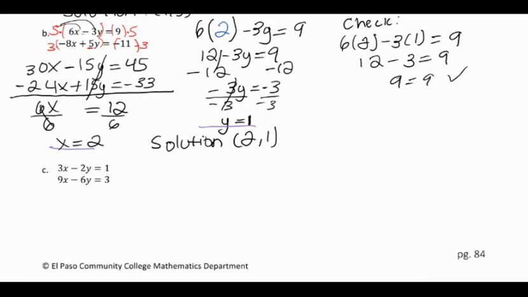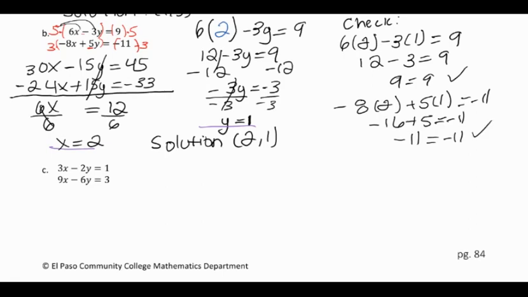Yes. We check on the second one. So we have negative 8 times 2 plus 5 times 1 equals negative 11. Negative 8 times 2 is negative 16. Plus 5 equals negative 11. Negative 16 plus 5 is negative 11, equal to negative 11. Yes, so the solution is correct.